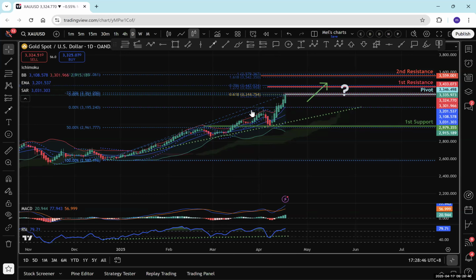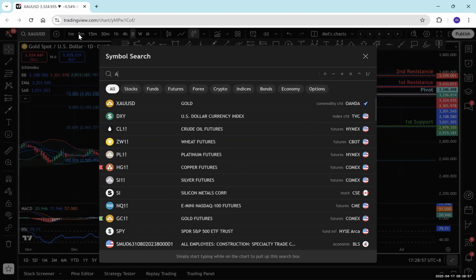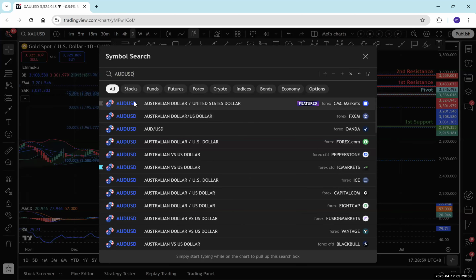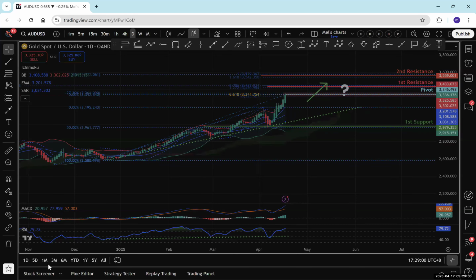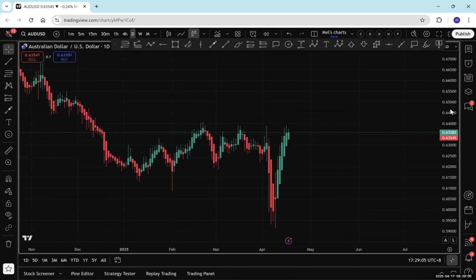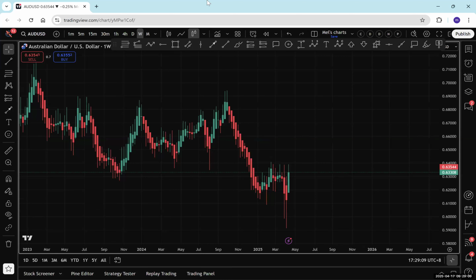I think now we can move into the currency pairs. So let's maybe start off with our Aussie dollar. Okay, so Aussie dollar recently has had a bit of a rebound.